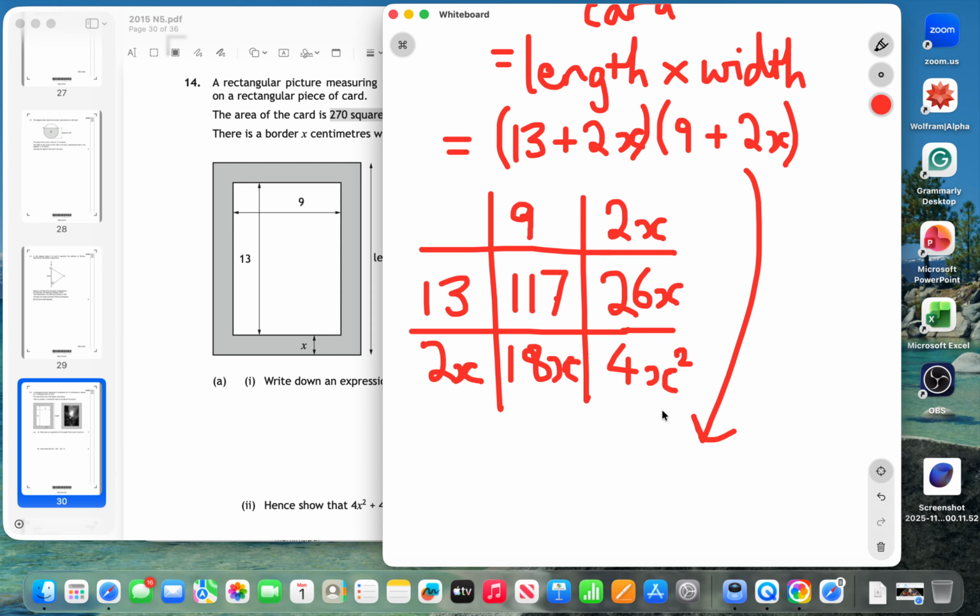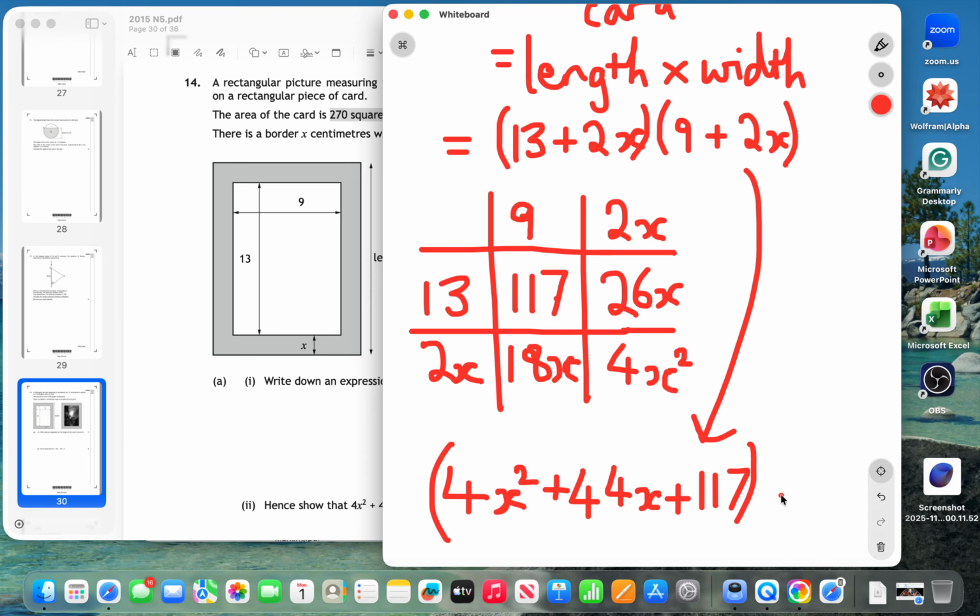So we have one term in x squared, that's the 4x squared, and 18x add 26x is 44x, and add on 117, and this is an expression for the total area.